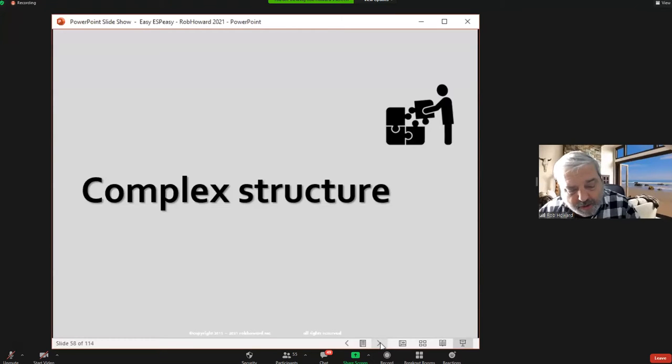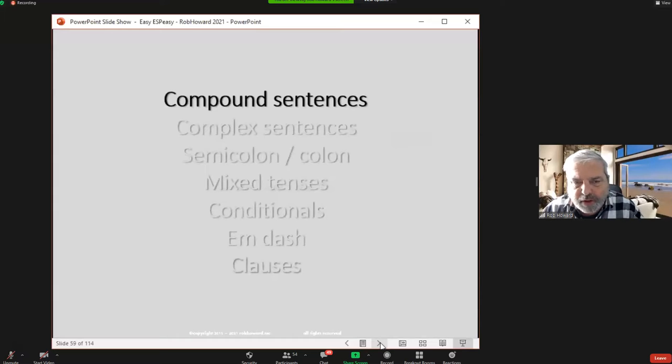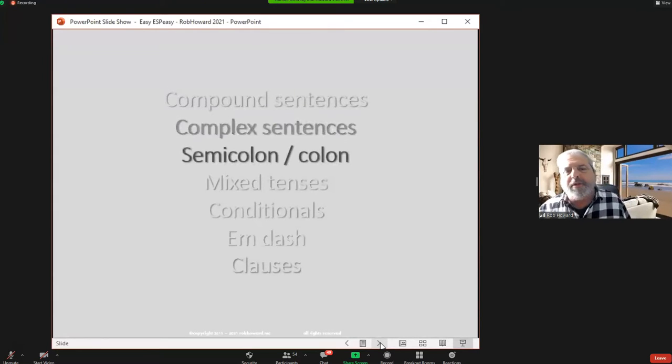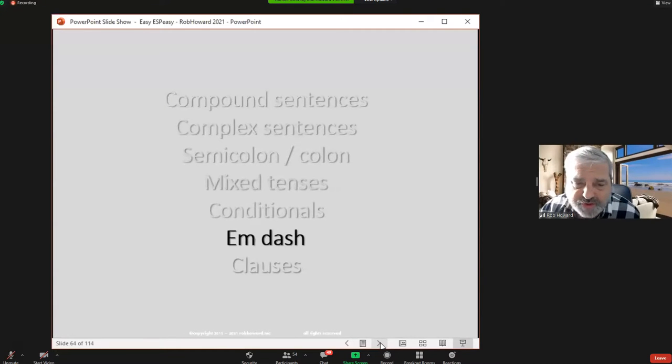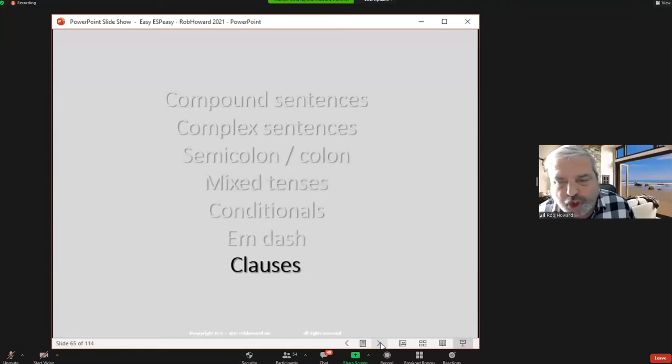This started with a Belarusian company whose website and materials we're actually redoing, and we're making them sound more salesy for the marketplace. So we're working with compound and complex sentences, teaching the difference between semicolon, colon, mixing tenses, conditionals, the em dash, and clauses.